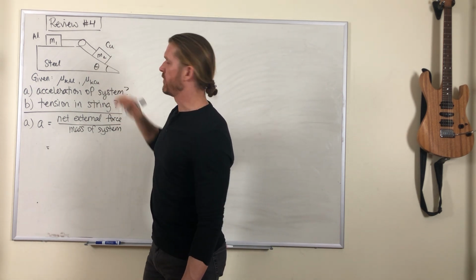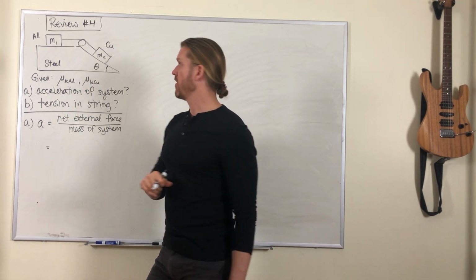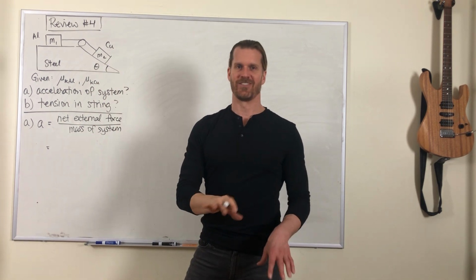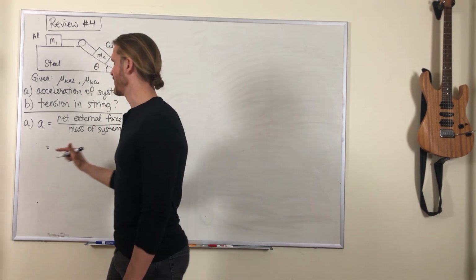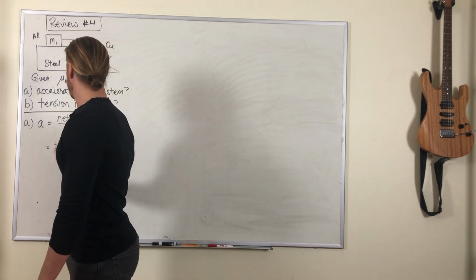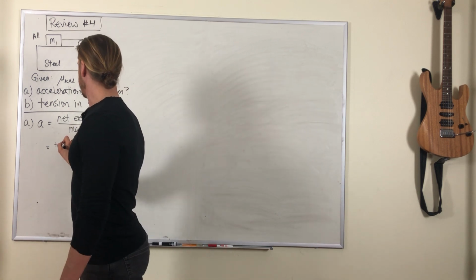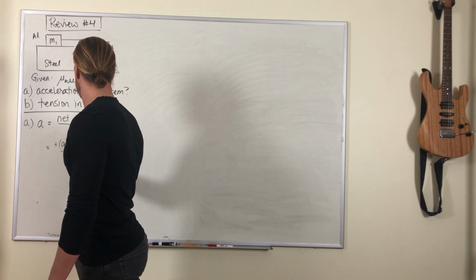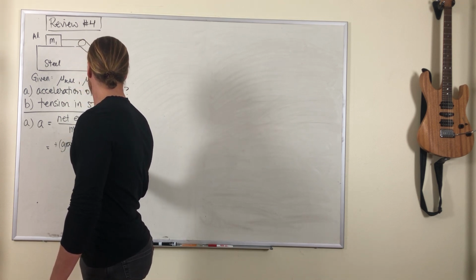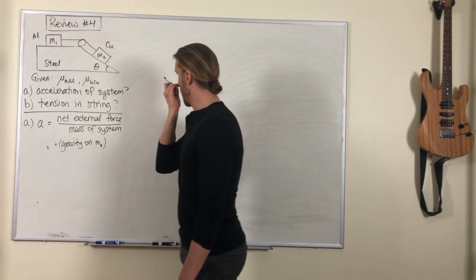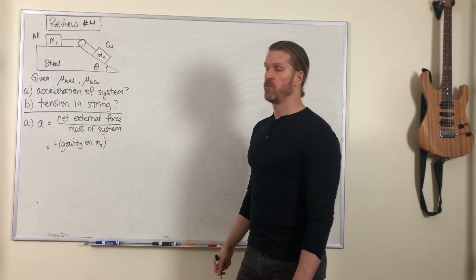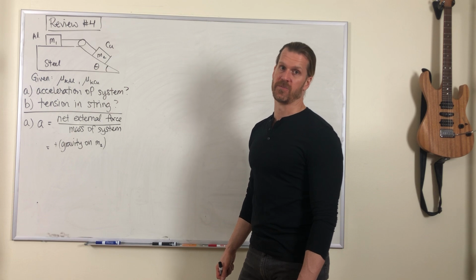Okay, so let's write down that gravity force on mass 2. Or, sorry, we'll get to that in just a minute. I'm still writing out the words for these things. So we have a positive force, that's gravity on M2. That'll make things go. And then we have two forces that are going to slow the system down.